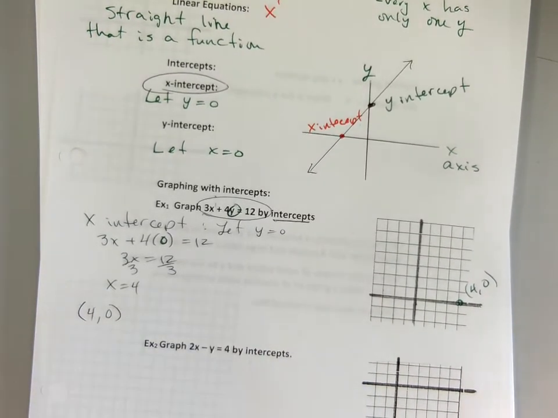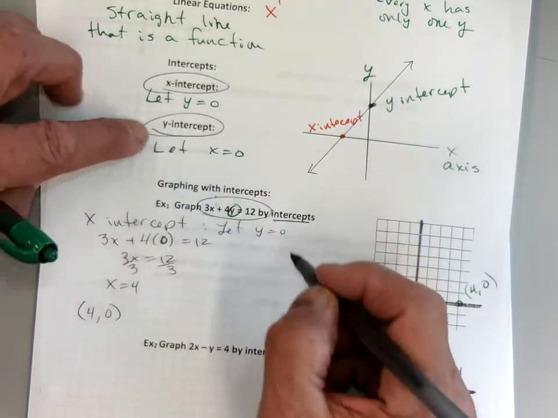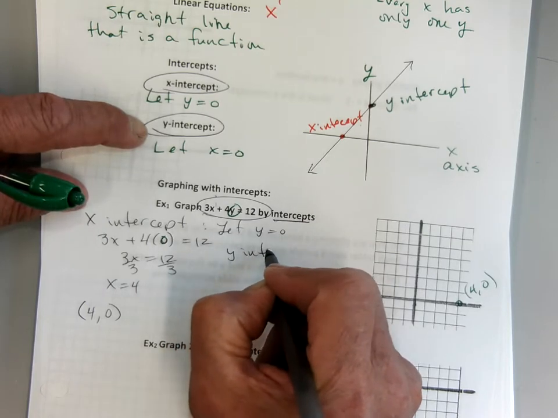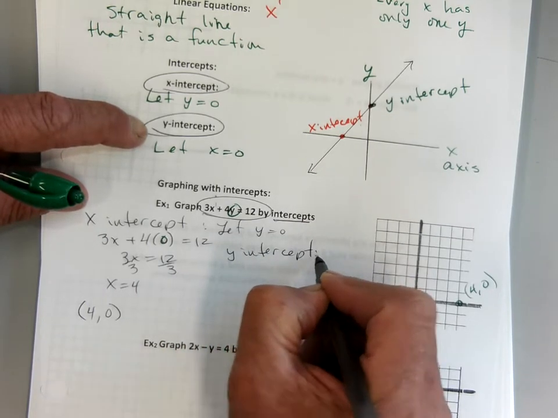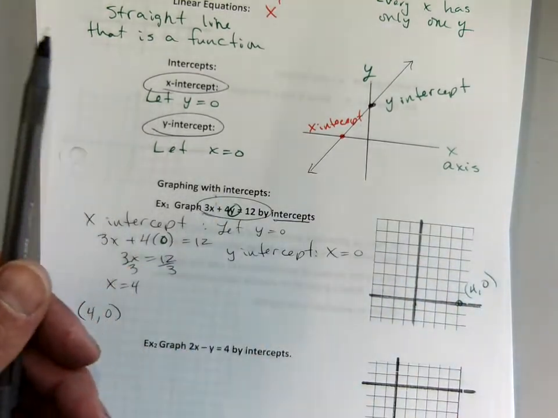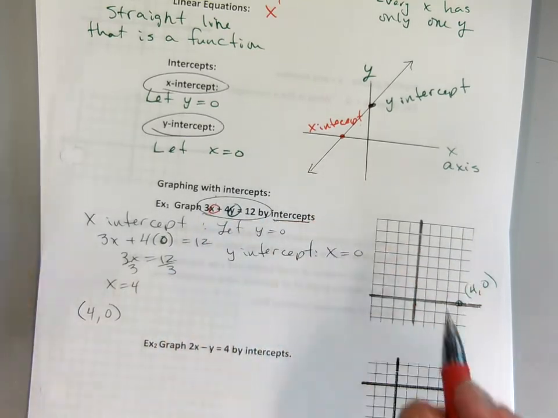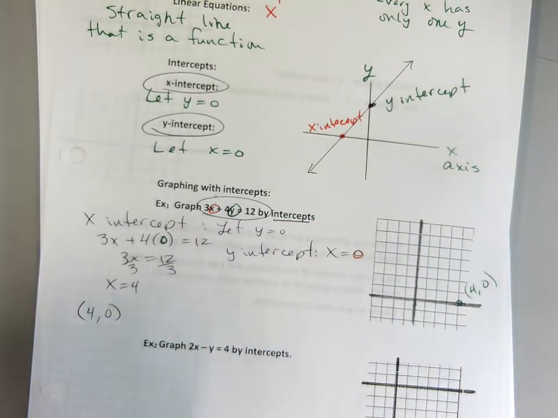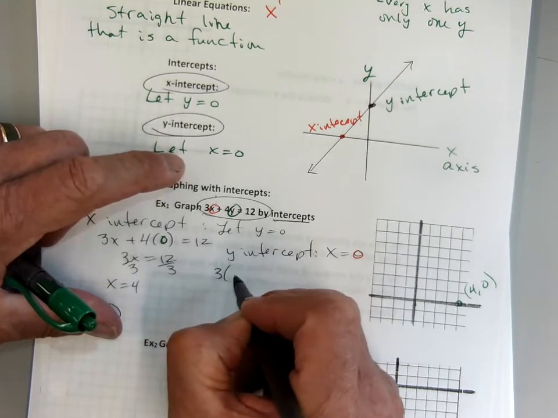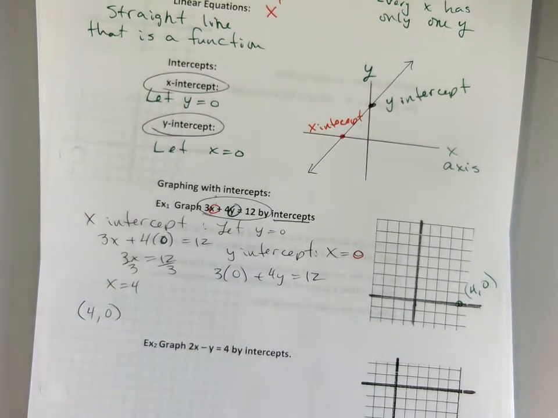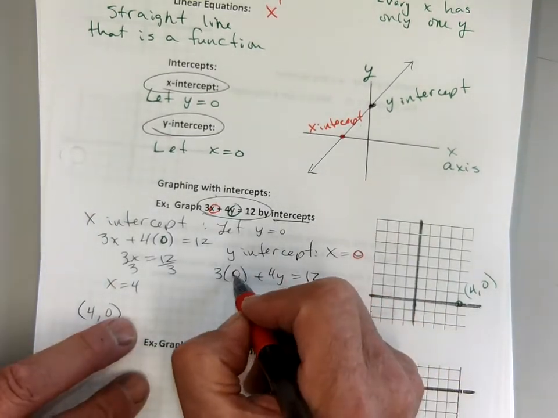My y-intercept is when we let x equal 0. So now let's figure out our y-intercept. X equals 0. So I'm going to go back, and right here, instead of writing x, I'm going to write 0. I get 3 times 0 plus 4y equals 12, because I just put my 0 in for my x.